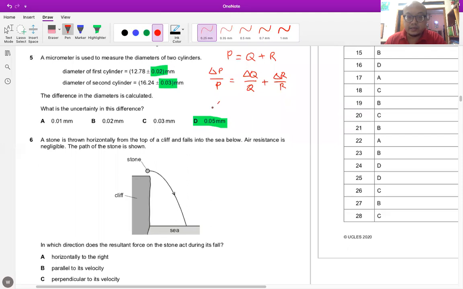So delta P equals delta Q plus delta R, which is 0.02 plus 0.03, equal to 0.05 in millimeter. So the answer is D.